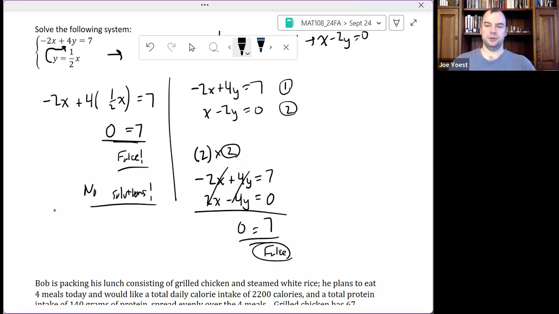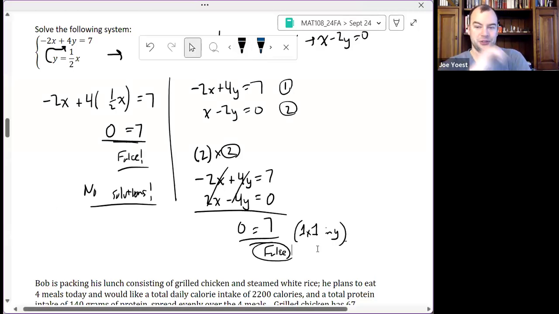Again, my goal here was to eliminate x's and get a 1-by-1 equation in y, for instance. You could have also imagined doing this, eliminating the y's and getting an equation in x's that would be the same math.